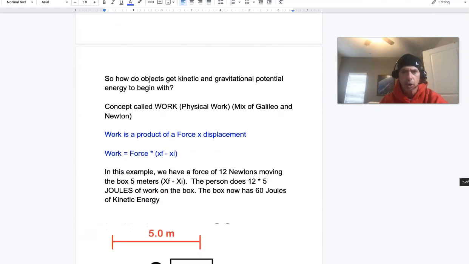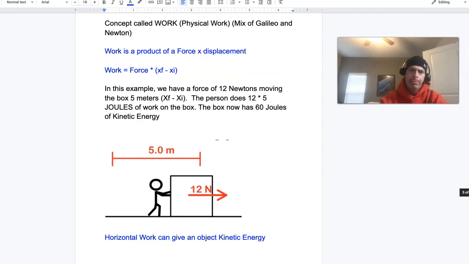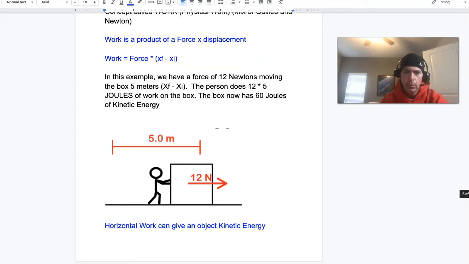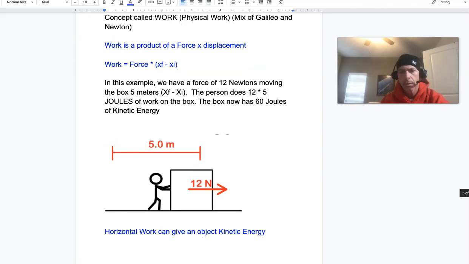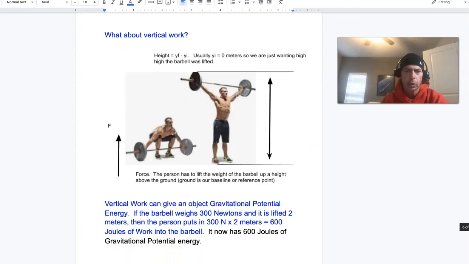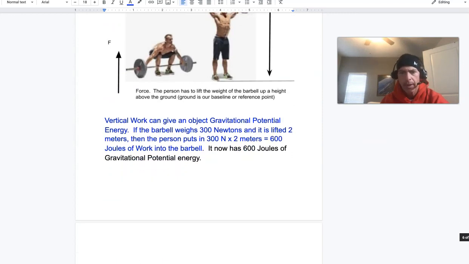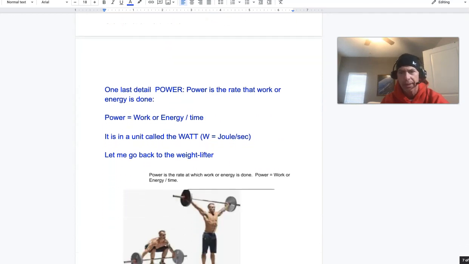We have this idea called work, and that's what gives objects their energy. We can do horizontal work, that can give objects kinetic energy, or we can do vertical work, which gives objects gravitational potential energy. And finally, we can talk about how quickly energy or work is done. That idea is called power.